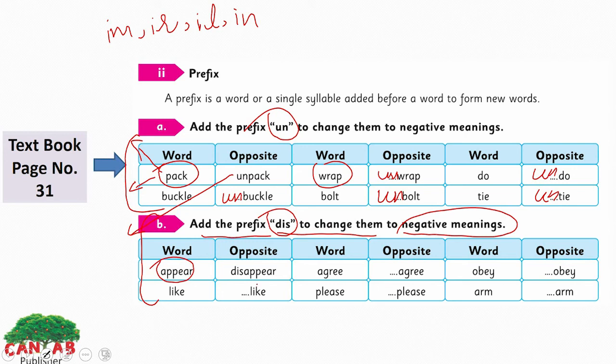Appear, disappear. Agree, yes, disagree. Obey, disobey. Like, dislike. Please, displease. You have to add this here only. Arm, disarm. It will completely change its meaning into negative.